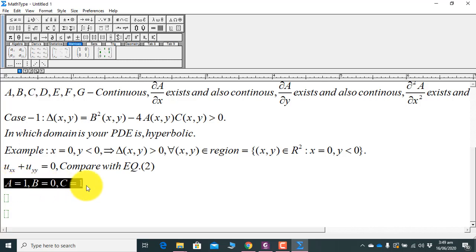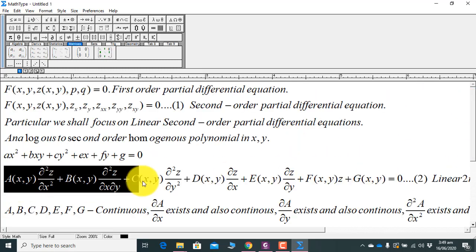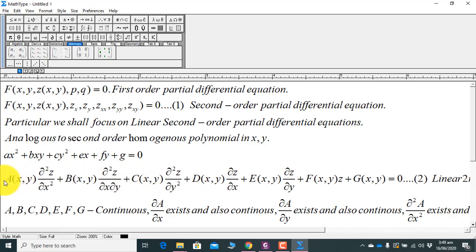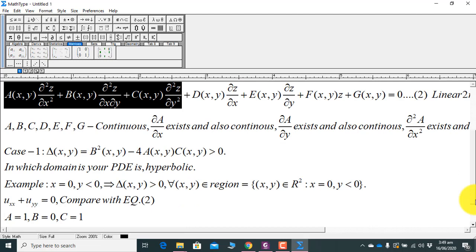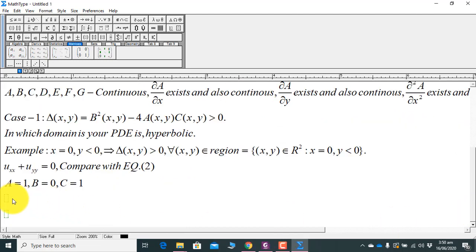because they are not necessary to verify the type or the classification of the partial differential equation; you have to focus only on the principal part. So this is the principal part only, and there are 3 constants A, B, C which are used for the discriminant. So don't be very conscious regarding the other constants. What will be the discriminant?